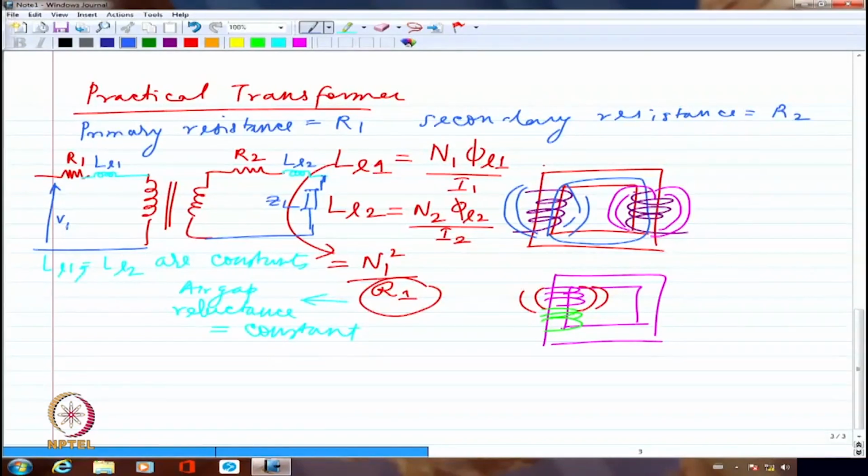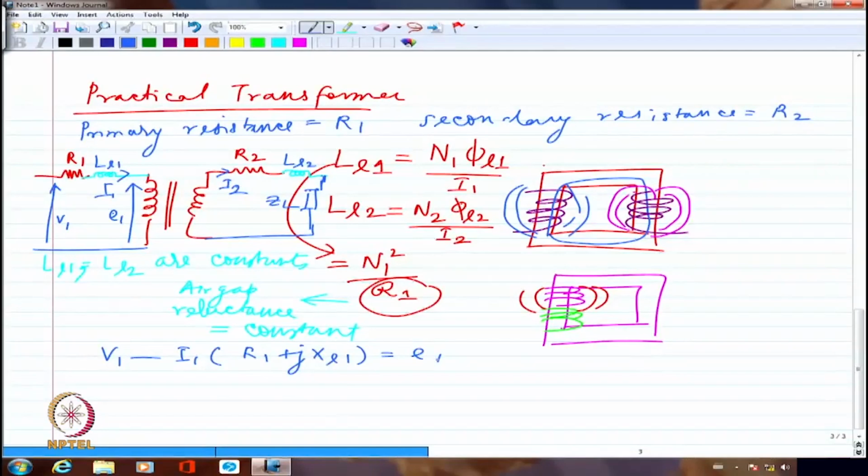Now, whatever is available as V1, if this is drawing a current of I2, this may be a current corresponding to I1, which will be actually governed by the turns ratio. I1 should be governed by the turns ratio because I1 by I2 will be equal to N2 by N1. Now, if this is I1, I'm going to have V1 minus I1 times R1 plus jXL1. That is what is going to be available as E1 here.